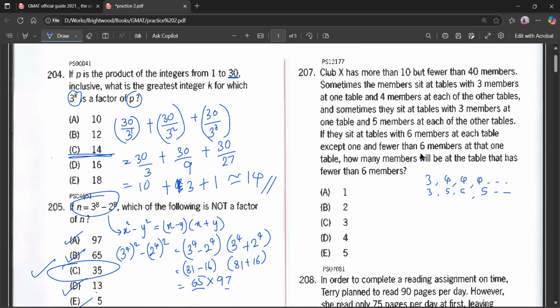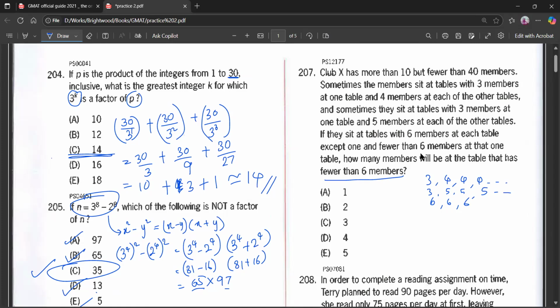Otherwise, if they sit with 6 members at each table, six, six, six, except one table with fewer than six. So how many members will be at the table that has fewer than 6 members?